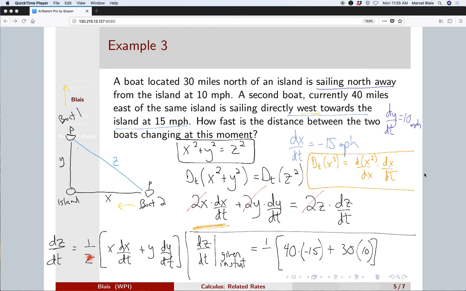We just need z. Although z wasn't given, we do know that z can be obtained from the Pythagorean theorem. So because z squared is x squared plus y squared, we have z squared at this instant. X was 30, y was 40.